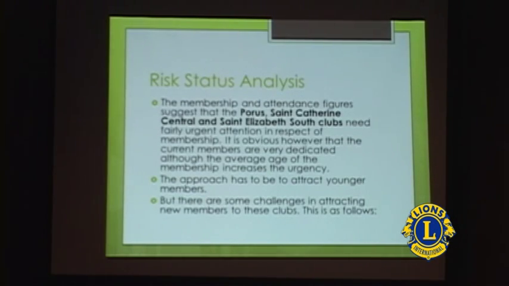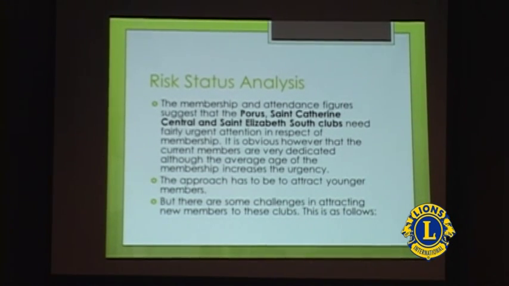Risk status analysis. The membership and attendance figures suggested that Porus, St. Catherine Central, and St. Elizabeth South clubs need fairly urgent attention in respect of membership. It is obvious, however, that the current members are very dedicated, although the average age membership increases the urgency.